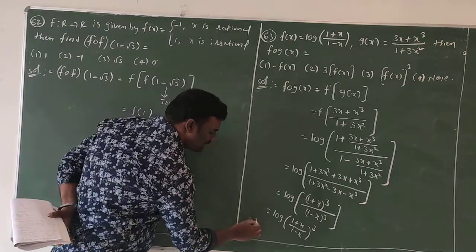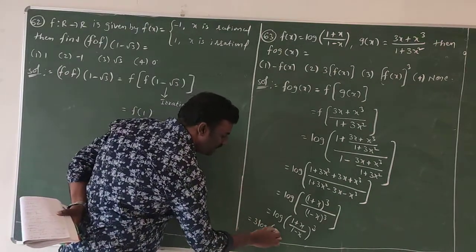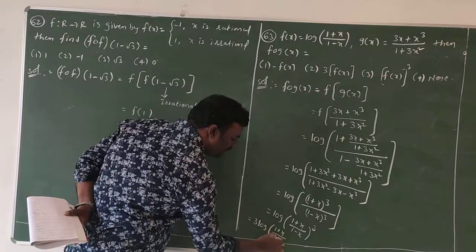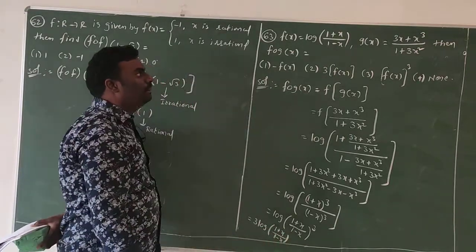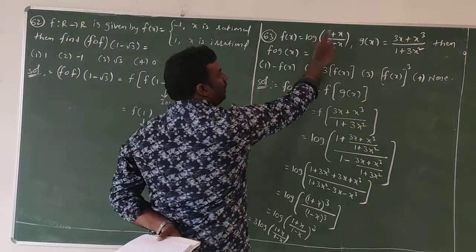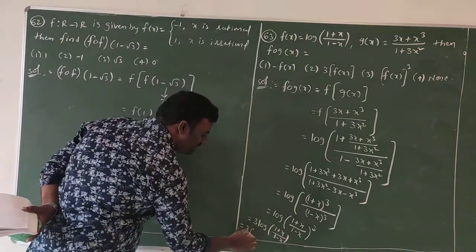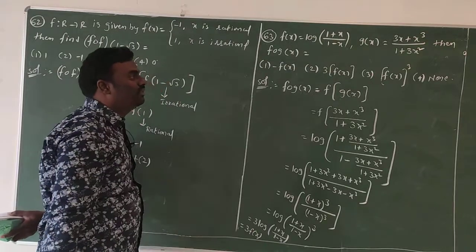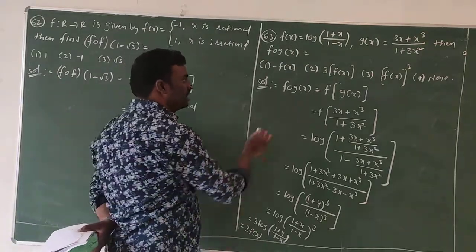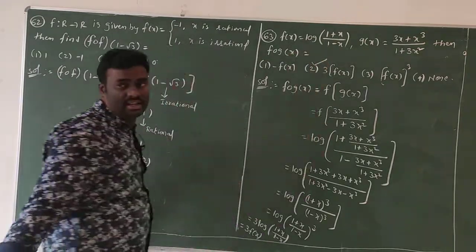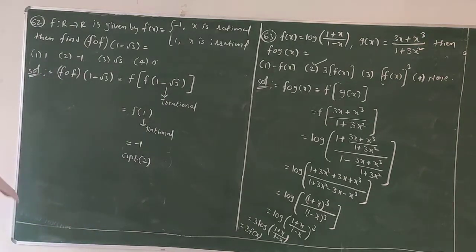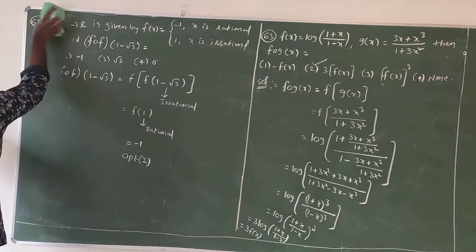It can be written as 3 times log of 1 plus x by 1 minus x. But already given, log of 1 plus x by 1 minus x is nothing but f of x. Therefore, the answer is 3 into f of x. 3 into f of x is nothing but option 2, the correct answer for this question number 63.